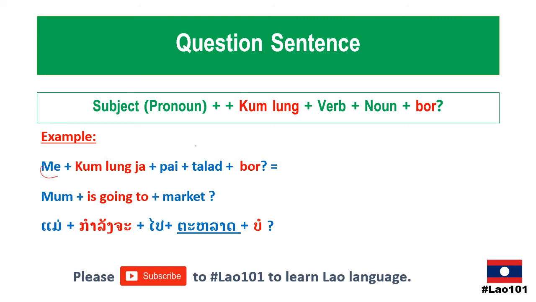แม่กำลังจะไปตลาดบ่ Is mom going to go to the market again? จะ means will.